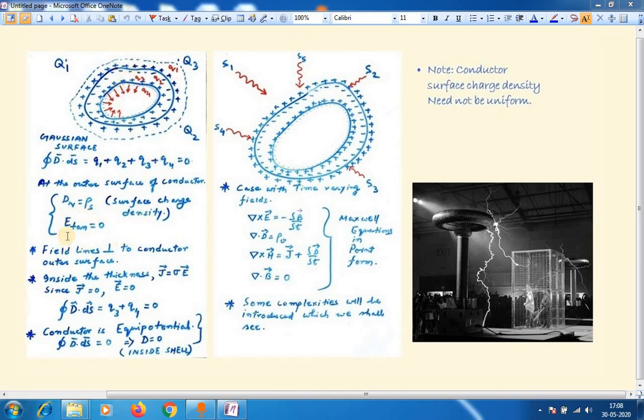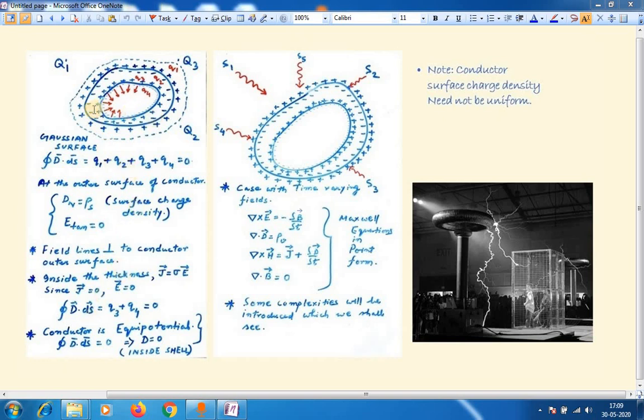So I can arrive at this condition: E_t equal to 0, the tangential component of the electric field at the surface is 0. In other words, this conductor is equipotential. The field lines at the surface will be normal, and there is no current anywhere, and the electrostatic situation has been realized.